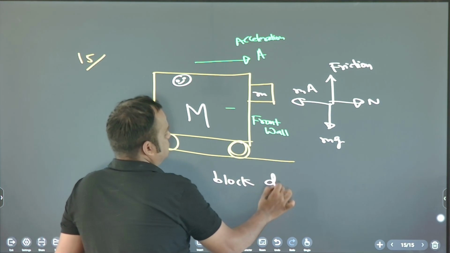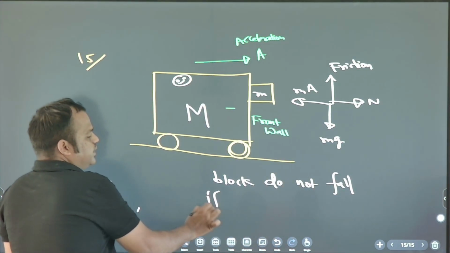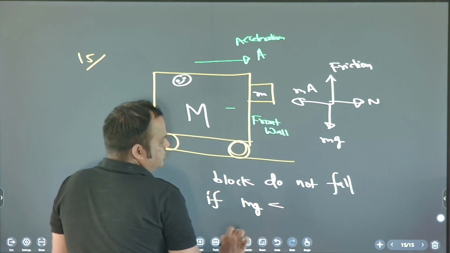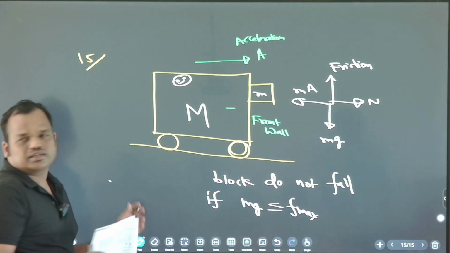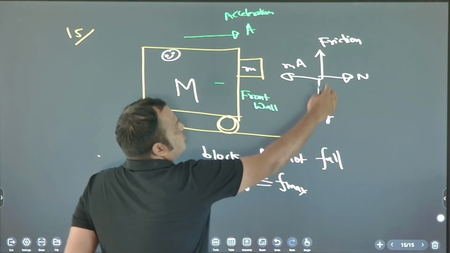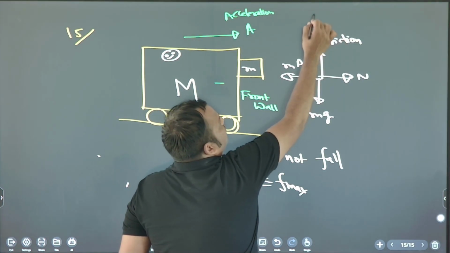The block does not fall if mg is less than or equal to maximum friction. Okay, understood? Suppose maximum friction is 10 Newton. What is the value of friction?